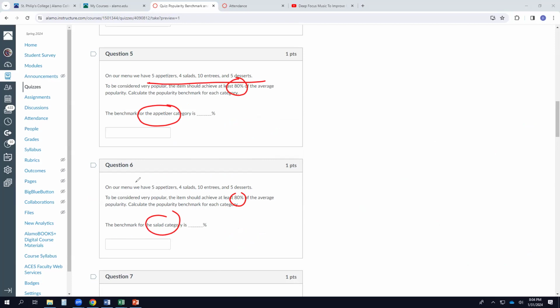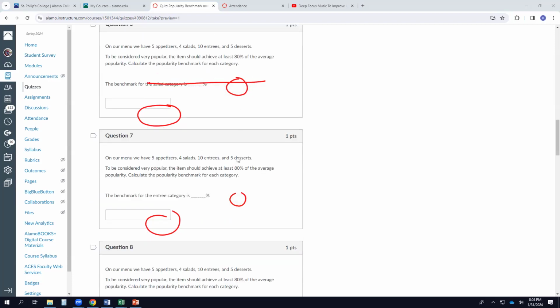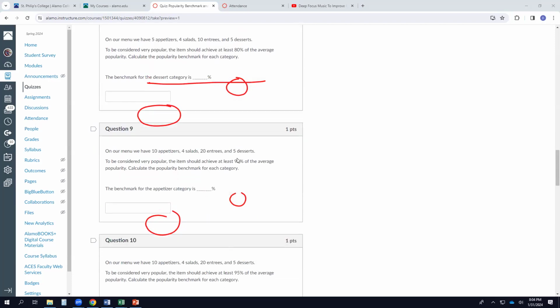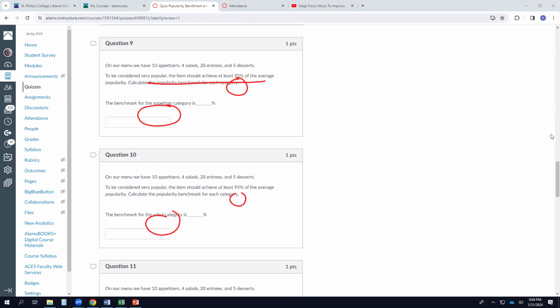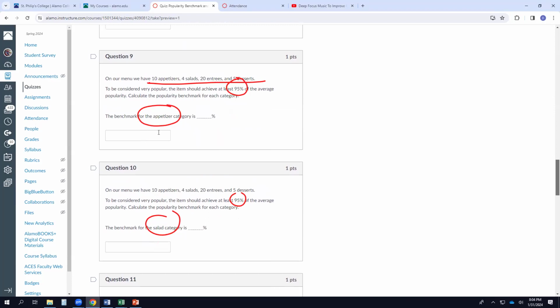Again, this is giving you practice multiple times to do that 100 divided by the menu items times the percentage that's given. What do you think about 9, 10, 11, and 12? It's going to be the same. Same categories: appetizer, salad, entree, dessert. But in this case, we're doing 95%. So again, you're going to have 12 problems to practice that process over and over again.